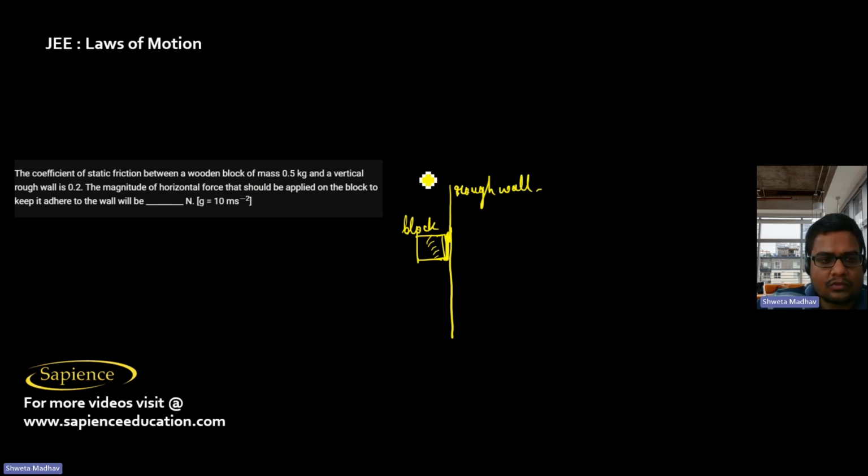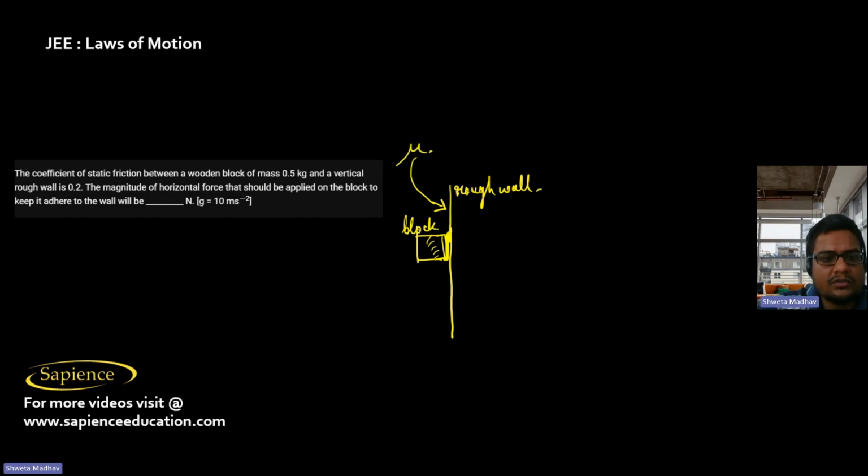Then here it is told that the coefficient of static friction in between a wooden block of mass 0.5 kg and a vertical rough wall. So there is a wooden block, and here we have a rough wall, and the coefficient of static friction, that is mu.